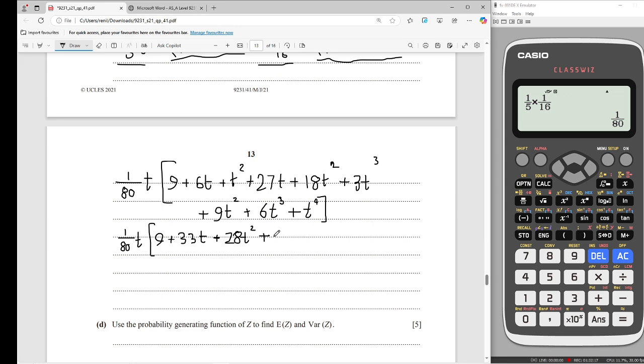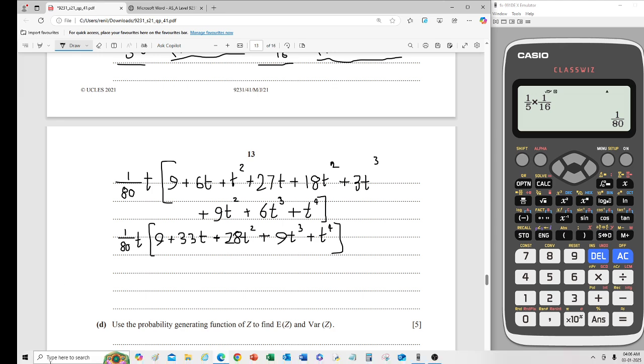Now we have to add up all the t cubed coefficients, which is just 9, and then we have t to the power 4. Okay, so this is our entire equation right there.